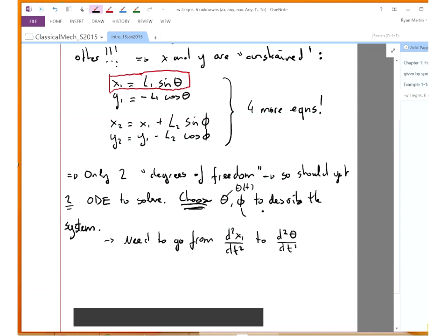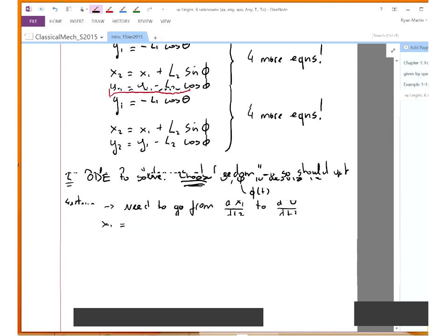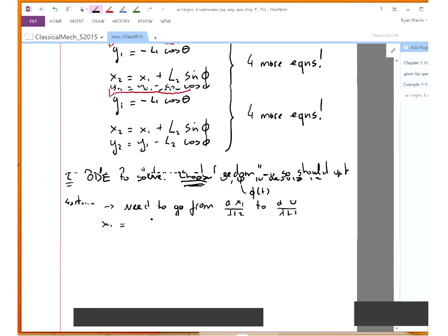So this is theta of t, this is phi of t. So they're functions of time. All right, so let's take our equation here. x1 equals plus L1 sine theta.